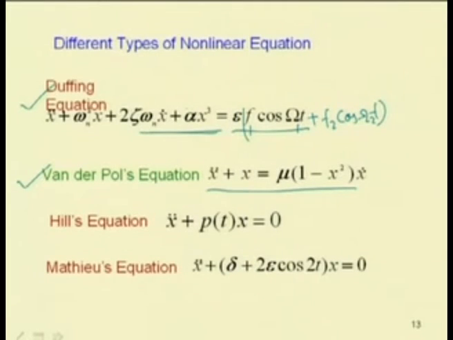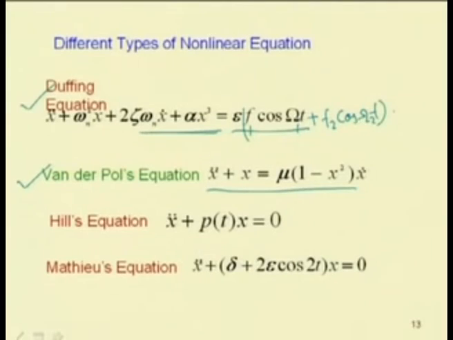In an actual case, the forcing may or may not be periodic, but you can convert it to a periodic forcing, and you can convert a periodic forcing to harmonics by using the Fourier series. So, for a general system, you can convert the actual forcing to a periodic one, and again the periodic forcing to harmonic, and you can have a number of harmonic forces acting on the system.